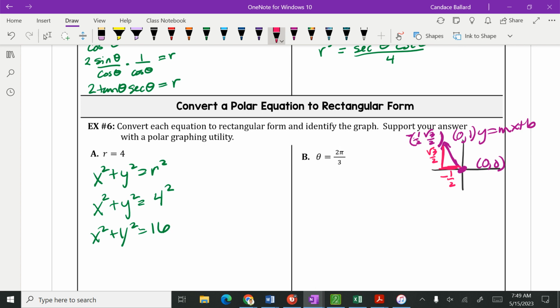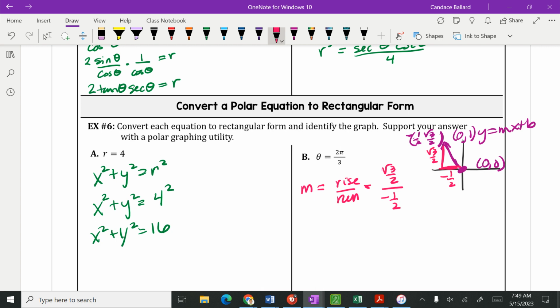If I'm thinking about slope, that's rise over run. What's the rise of my triangle? Square root of 3 over 2. Good. What's the run on my triangle? Negative 1/2. Could we simplify that?